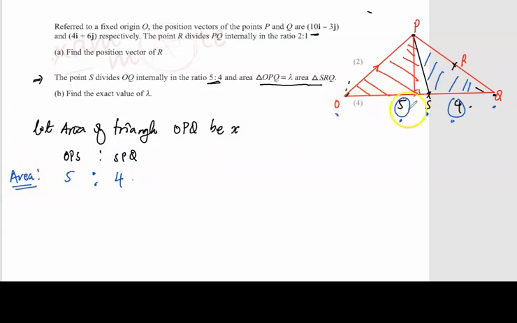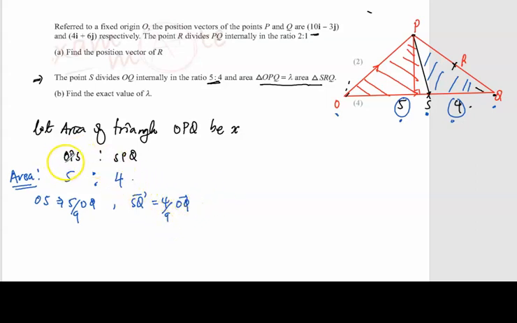That means OS is going to be 5/9 of the whole line OQ, and SQ is going to be 4/9 of OQ. This is the ratio.